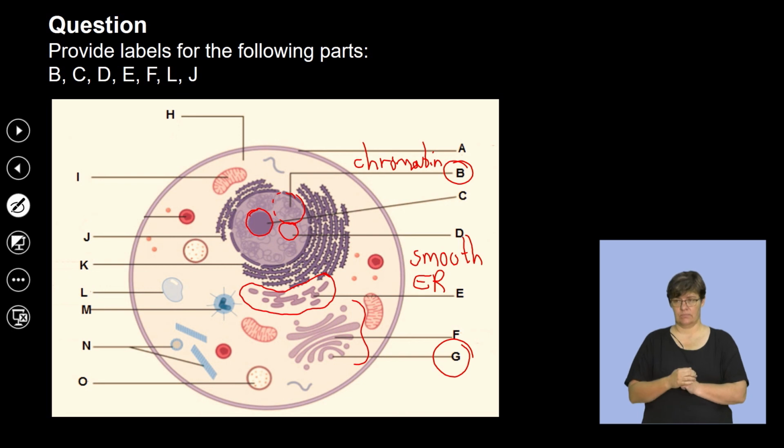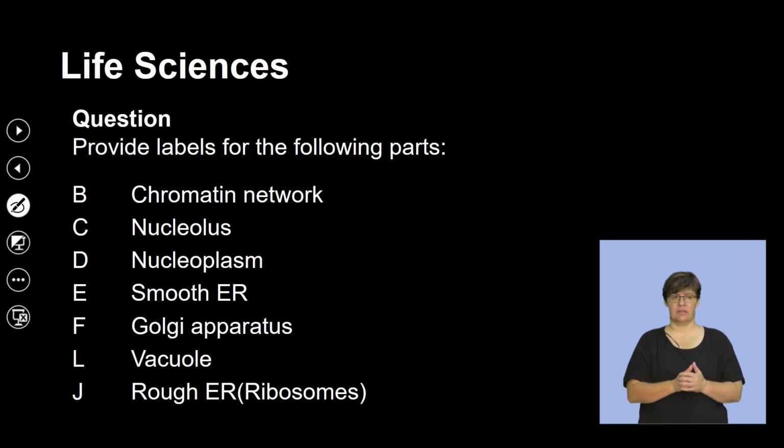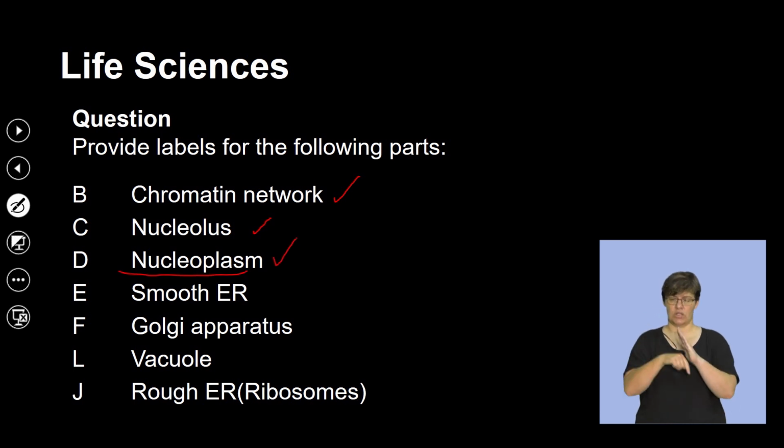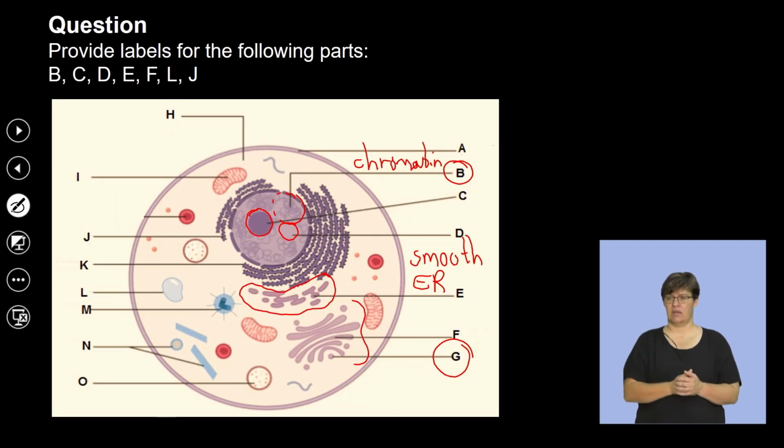If we go back, we can clearly see structure B is the chromatin network, which we got correct. C was the nucleolus. D was the contents of the nucleus called the nucleoplasm, and we identified structure E as the smooth ER. F was the Golgi apparatus, and structure L was the vacuole.